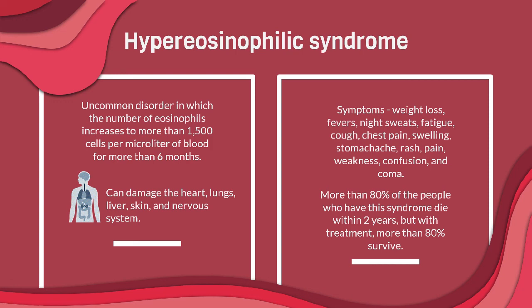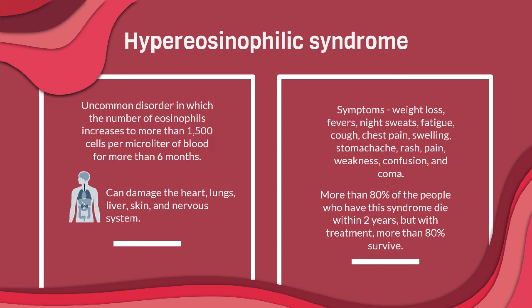The increase of eosinophils can damage the heart, lungs, liver, skin, and nervous system. Symptoms may include weight loss, fevers, night sweats, fatigue, cough, chest pain, swelling, stomachache, rash, pain, weakness, confusion, and coma. Additional symptoms of this syndrome depend on which organs are damaged.